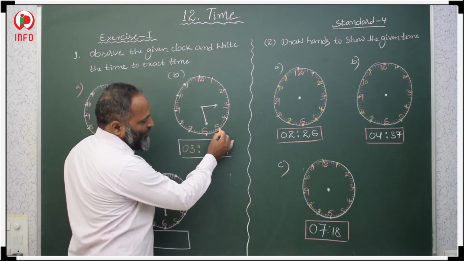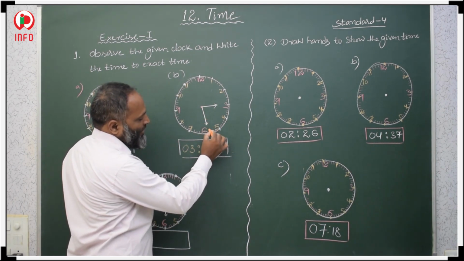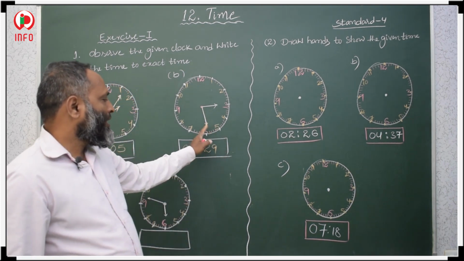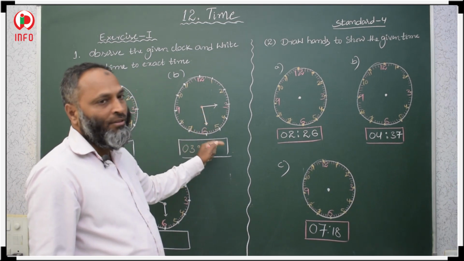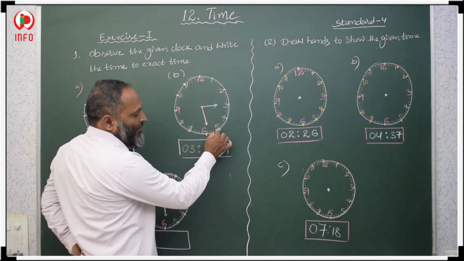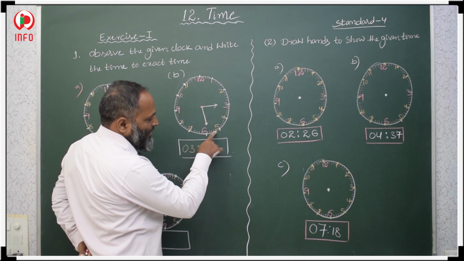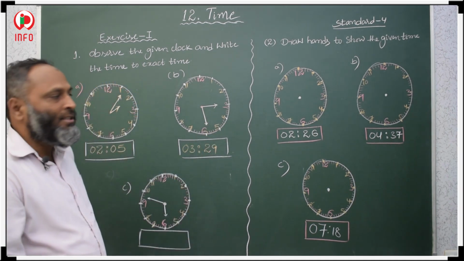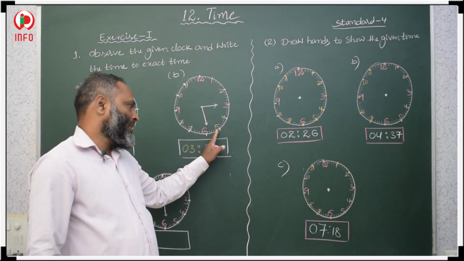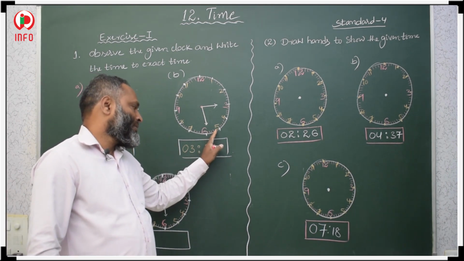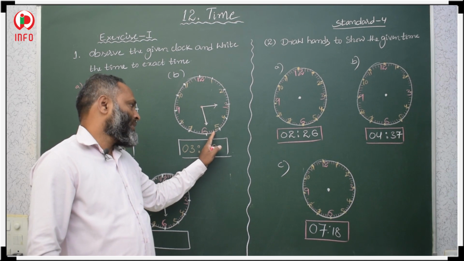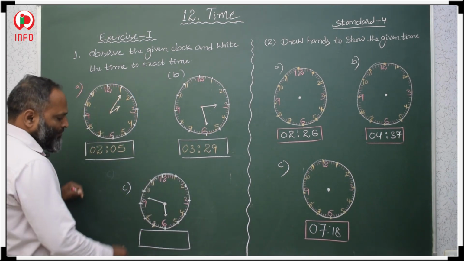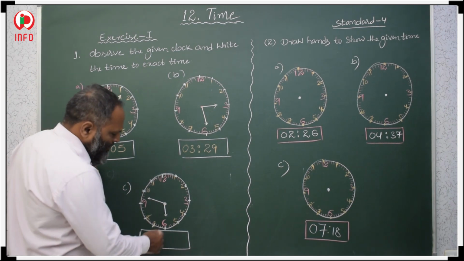Till 5 it is 25 minutes, and after 25 minutes we count 1 minute at a time: 26, 27, 28, 29. It is at 29.